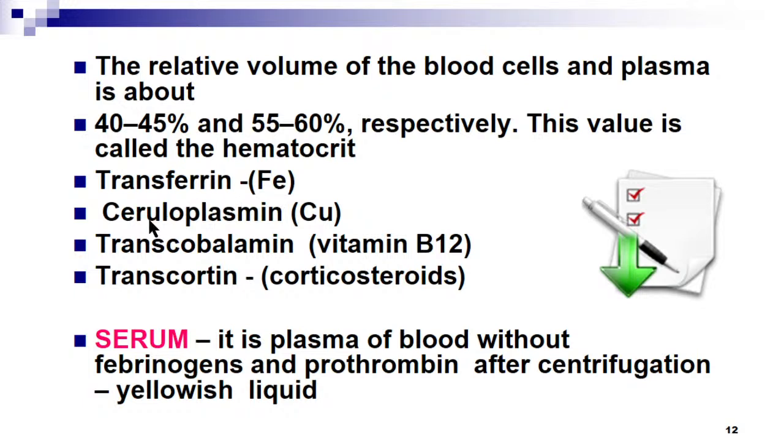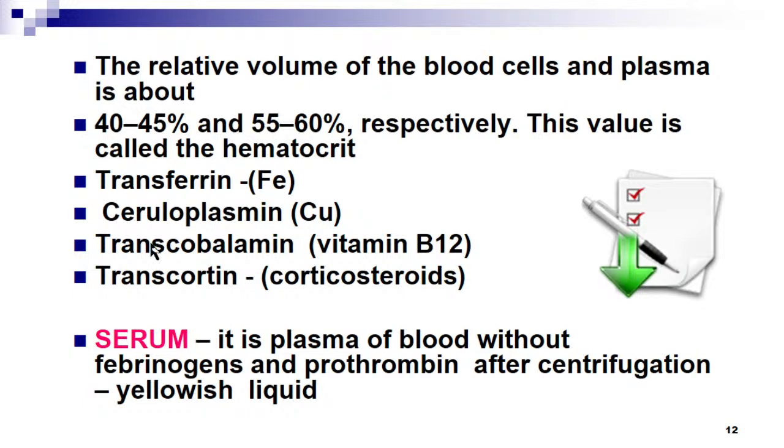Ceruloplasmin is one of the proteins, gamma globulins, which carries the cuprum, and is also very important for the regulation of intercellular processes. And transcobalamin carries vitamin B12.